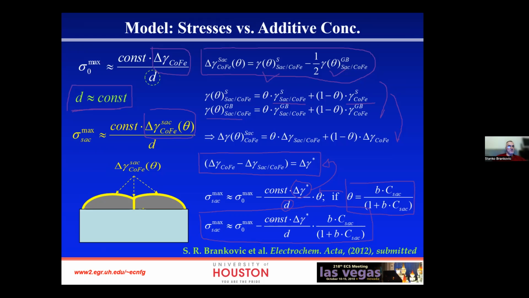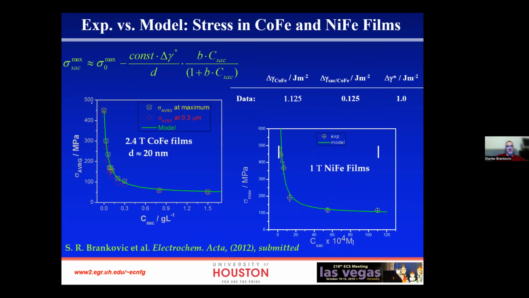This constant, usually, as I told you, is associated with the shape of the grains, and if we consider hemispherical grains, this is I think 4, or actually 8, sorry. So the final model that we use here is this one.